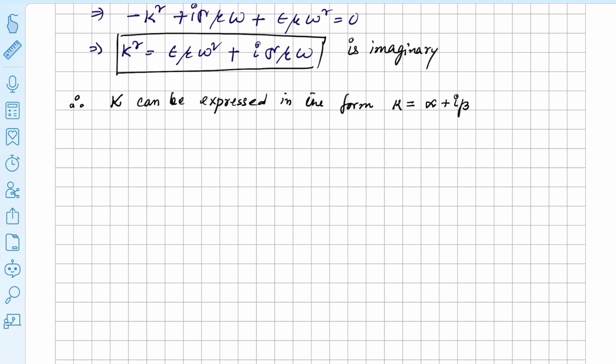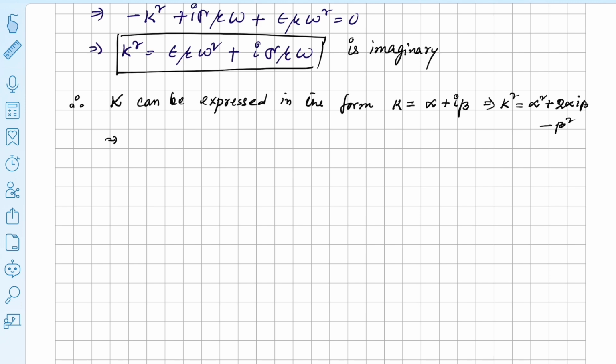So now you see, squaring both sides, what we're going to get, k square is equal to alpha square plus 2 alpha i beta minus, i square is going to be minus 1, so here minus beta square. That's what we're going to get.